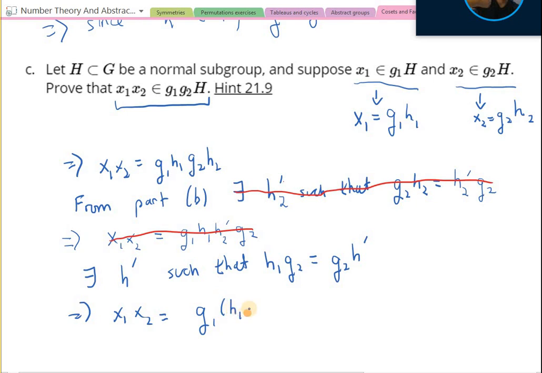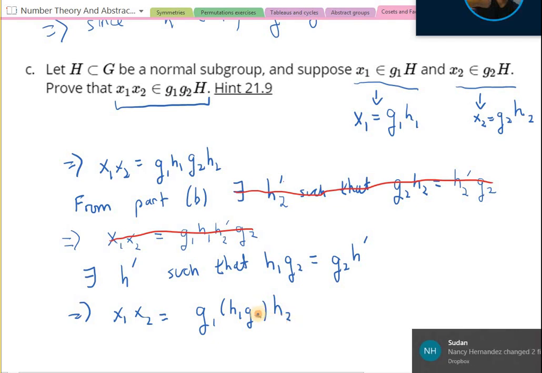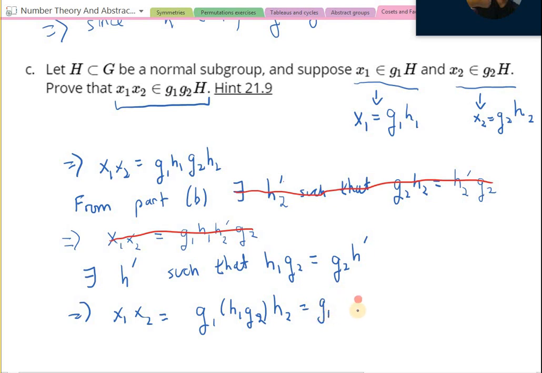I'm going to use associative property just to be clear. This is a 2. And that's going to be equal to G1 times G2H prime times H2. And that's equal to, all right, so this is my substitution.